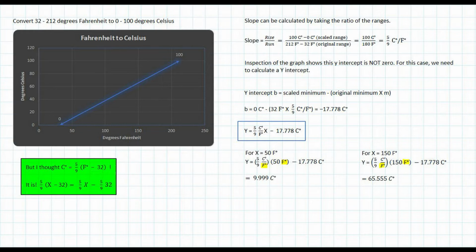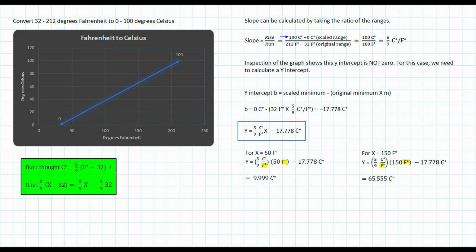For our temperature conversion example, we can follow the slope down as we reduce x, going from right to left, and we can see that the y-intercept will be a negative number on the degrees Celsius scale. So for this problem, we're going to need to calculate both the slope and the y-intercept.